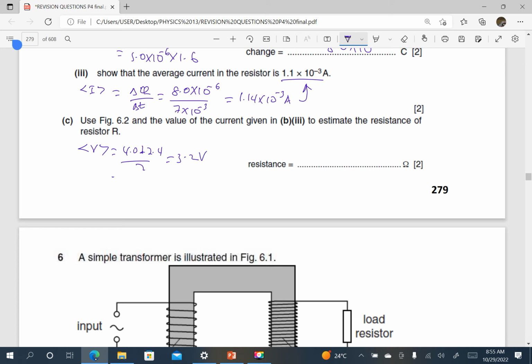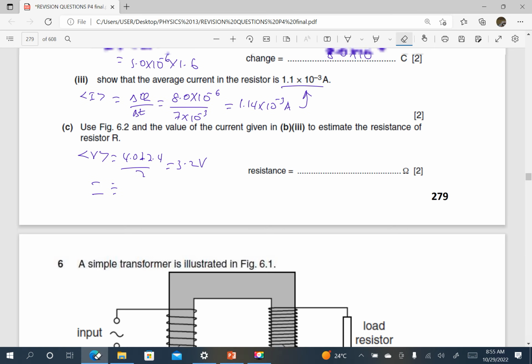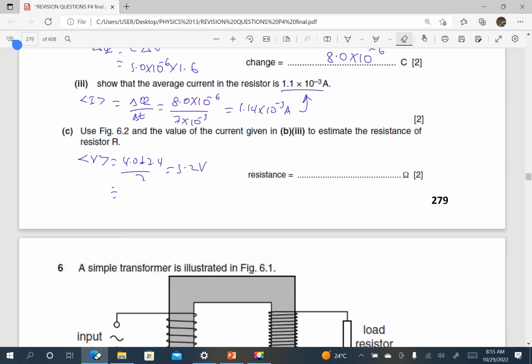And of course, we can now use V equals I times R. So I want to find R. So R is going to be the average value, which is 3.2, divided by the current 1.1 times 10 power negative 3.